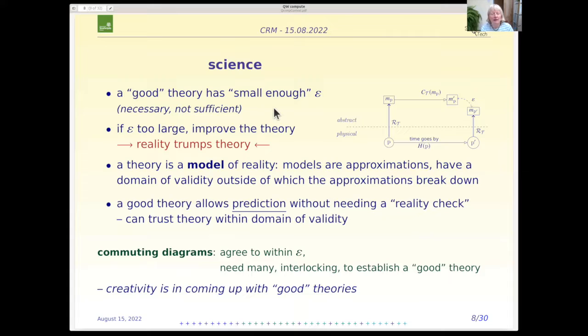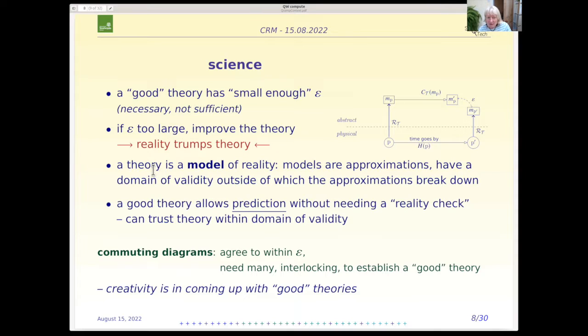This is not meant to be a complete description of how we do science, just a framework in which you can start to talk about the different pieces that are required. But notice if epsilon is too large, if our theory didn't match what we observed well enough, what we do is we improve our theory. So in science, the reality, the experiments, trumps the theory that we're producing.